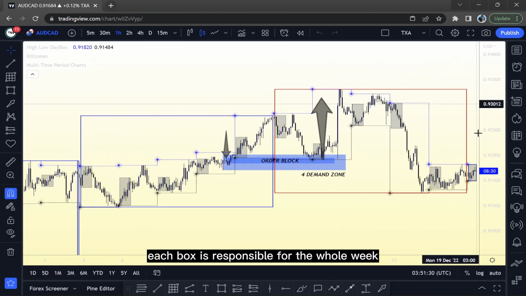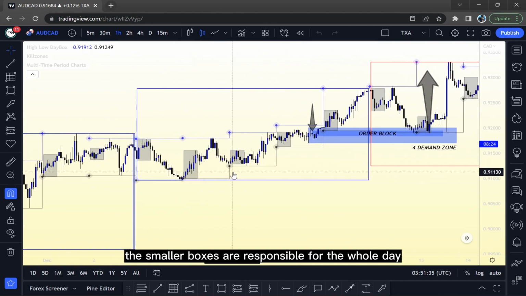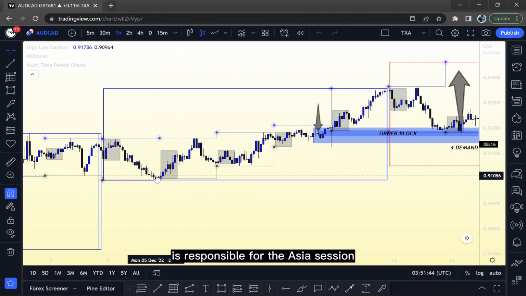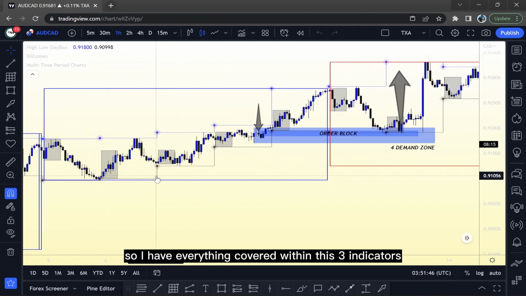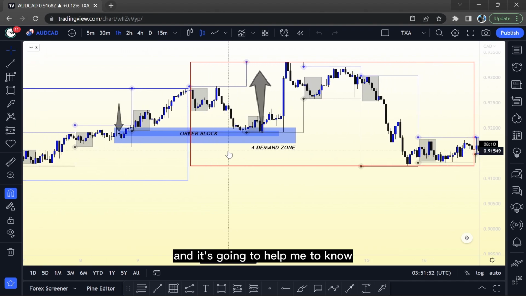Each box is responsible for the whole week. The smaller boxes are responsible for the whole day, and the third small box is responsible for the Asia session. So I have everything covered within these 3 indicators, and it's going to help me to know where the important levels to trade as a smart money trader are.